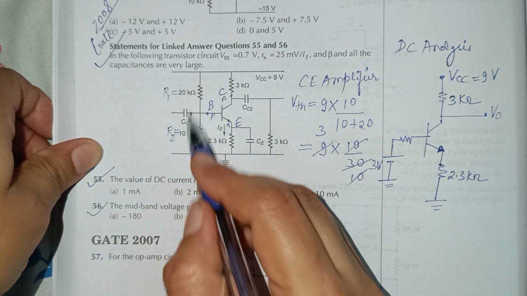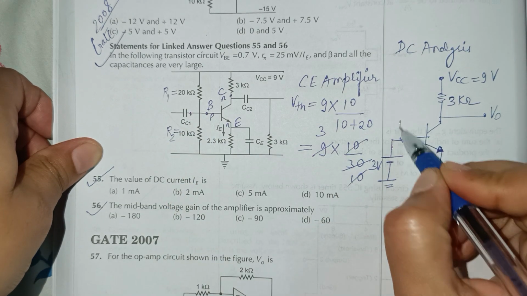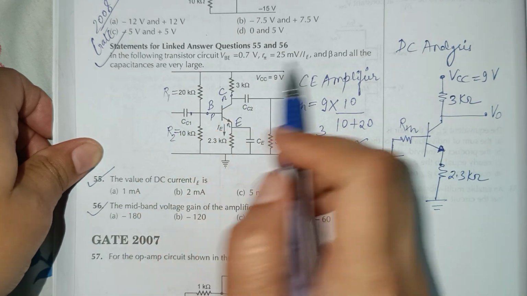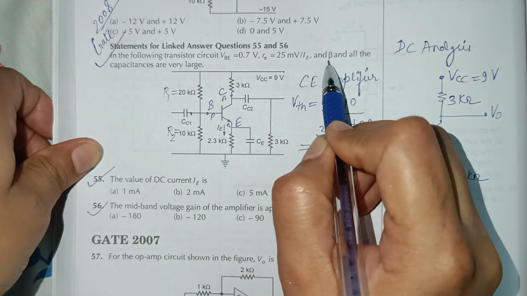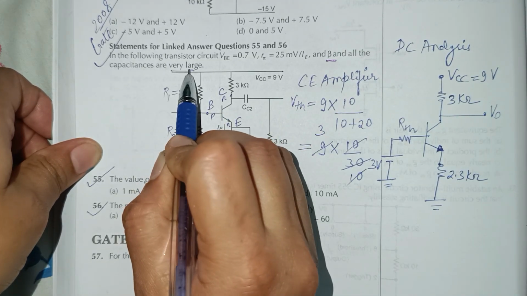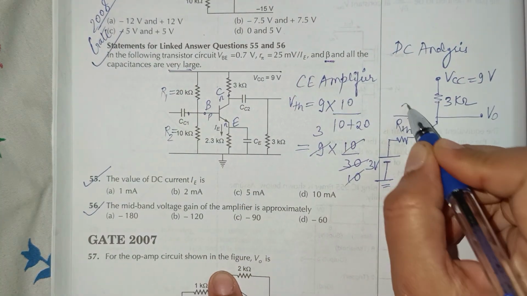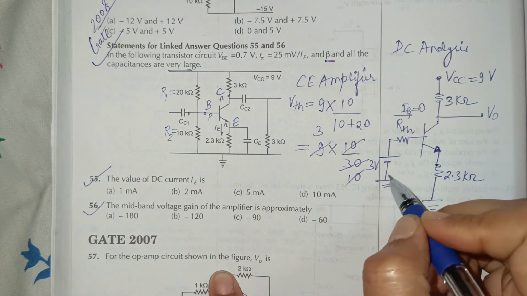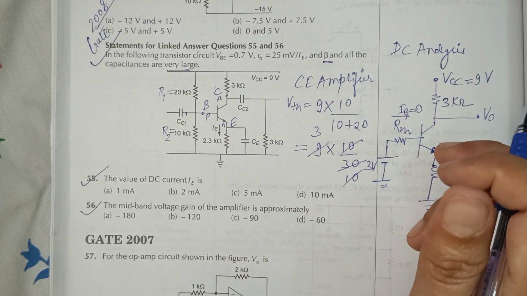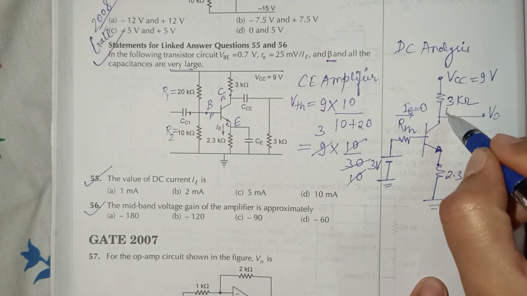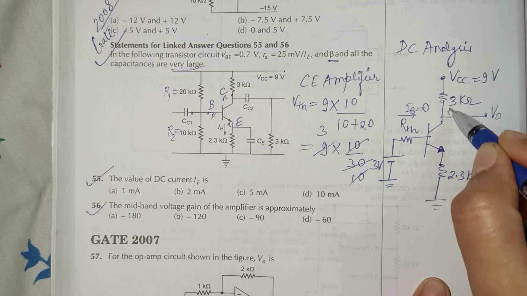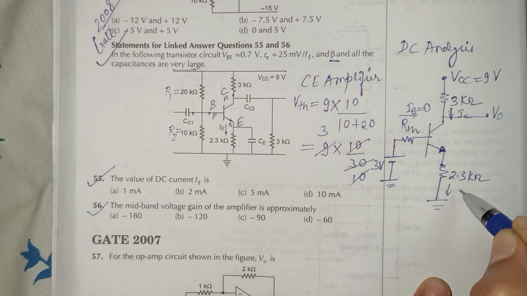RTH will be R1 parallel R2, but you do not need to calculate RTH because in the question it is given that beta is very large. Since beta is very large, you can neglect the base current. IB is 0, and if IB is 0, then the collector current IC will be equal to IE.